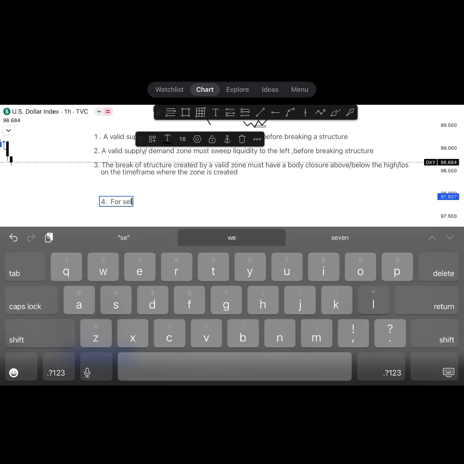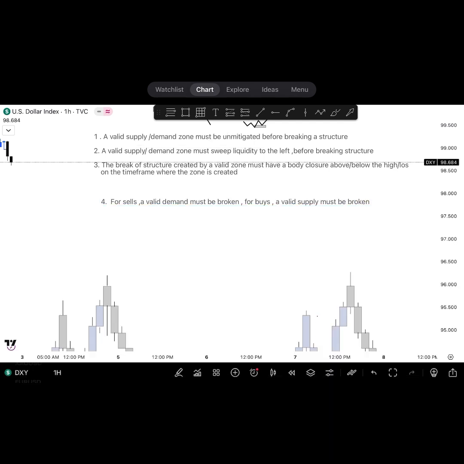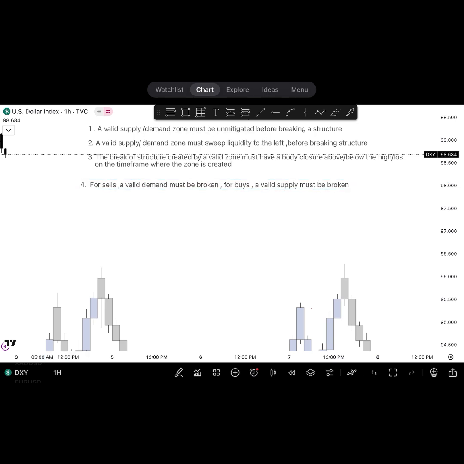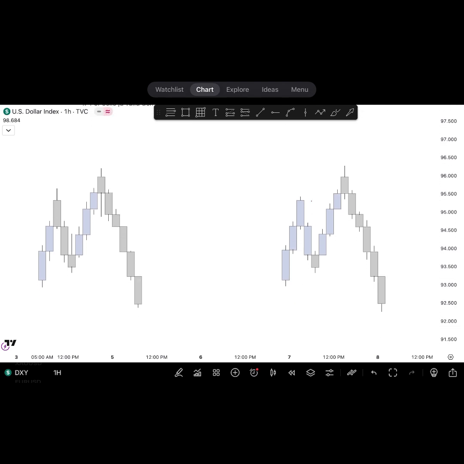For sales, a valid demand must be broken. For buys, a valid supply must be broken. Yeah. So a valid demand must be broken for sales, and a valid supply must be broken for buys.